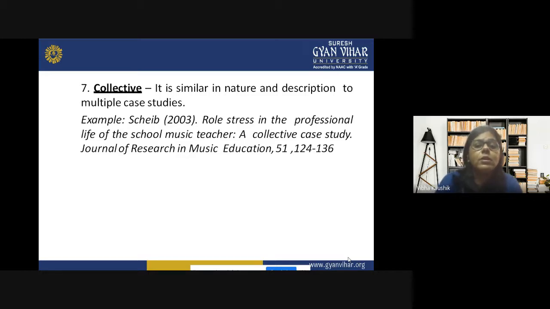Example: Scheib 2003, role stress in the professional life of the school music teacher, a collective case study, Journal of Research in Music Education. And this study was published in the Journal of Research in Music Education.